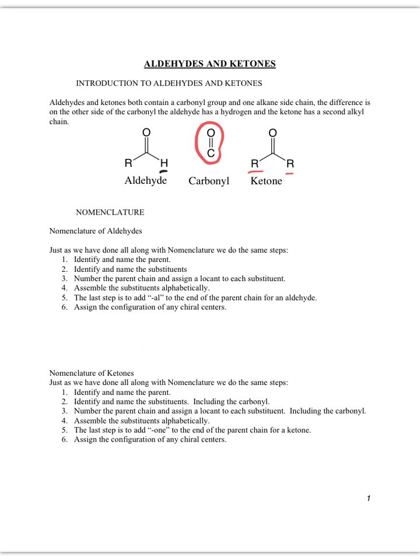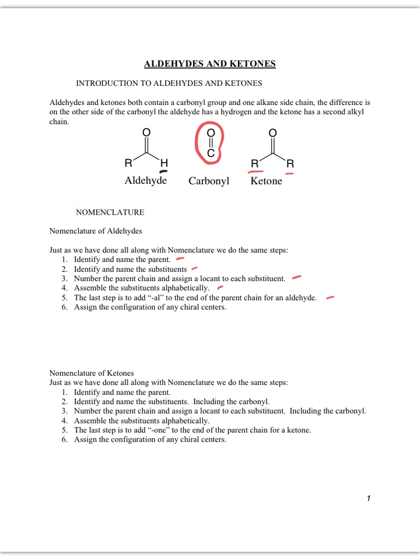Okay, so to name an aldehyde, we need to identify and name the parent chain, identify and name all the substituents on that parent chain, number the parent chain so that every substituent gets the lowest number possible, assemble the substituents alphabetically, and then the last step is to add -al at the end of the parent chain for the aldehyde, and then put it all together with any chiral centers we might have in the molecule.